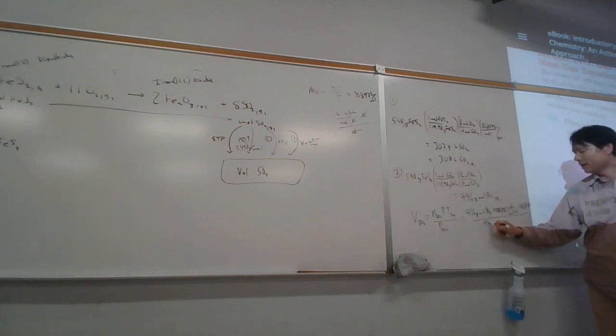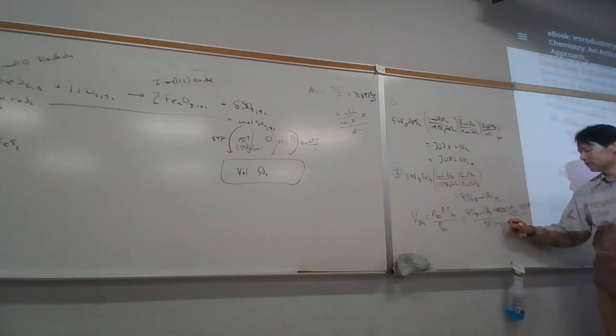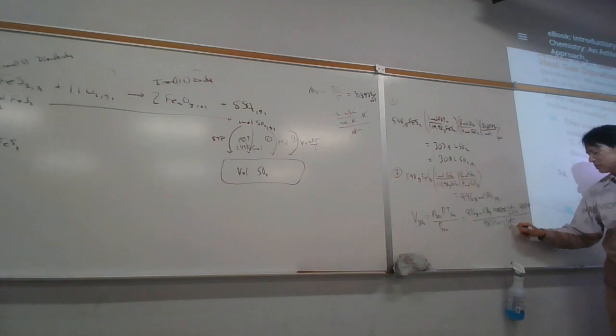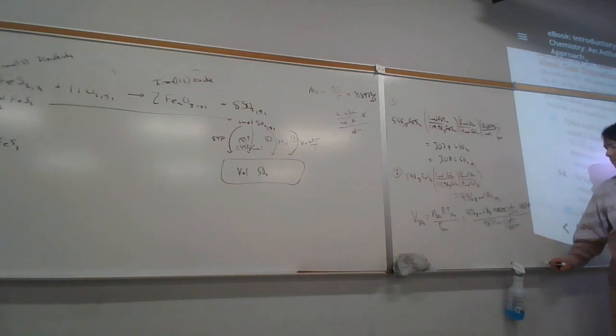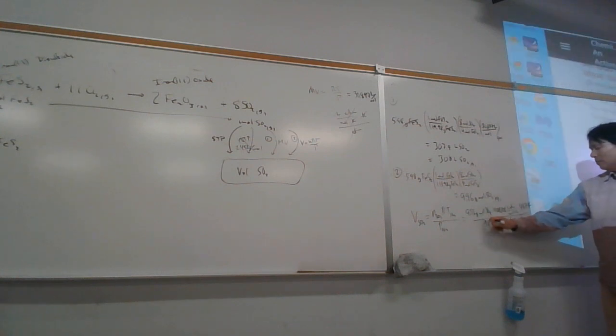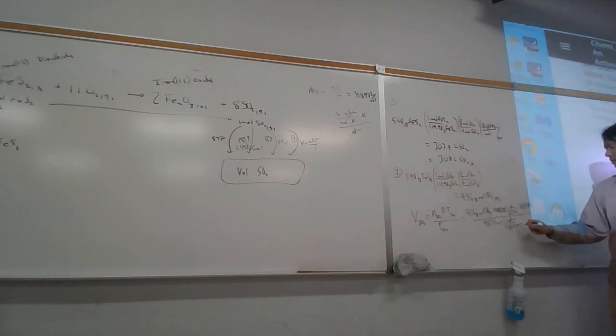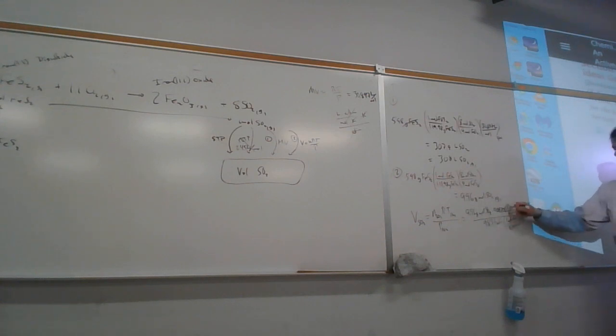So we'll plug that in, 983 torr, and then convert that to atmospheres. So 1 atmosphere per 760 torr. So the moles cancel, atmospheres cancel, Kelvin cancels, and torr cancels. That leaves me with liters. That's what I want, liters here.